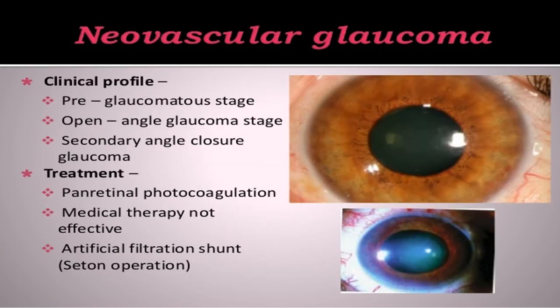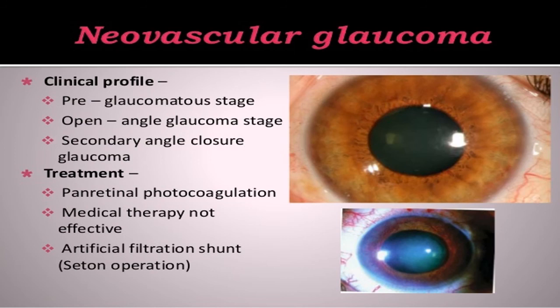There are different stages of neovascular glaucoma: the pre-glaucomatous stage, the open angle glaucoma stage, and the secondary angle closure stage. In the pre-glaucomatous stage, you can see some neovascularization at the tip of the pupil or on the iris itself.